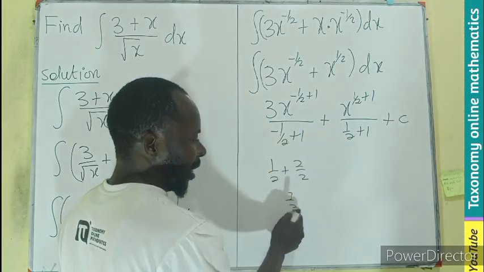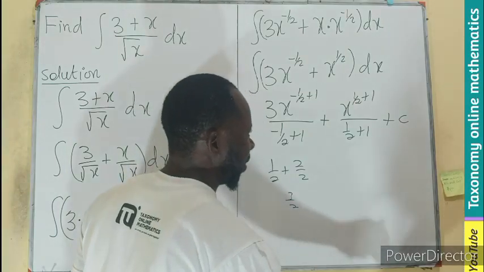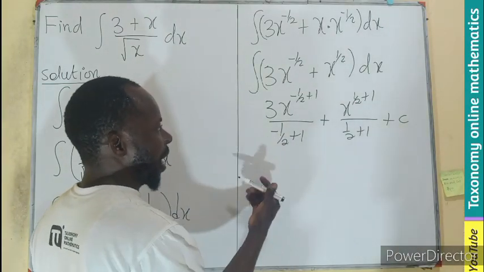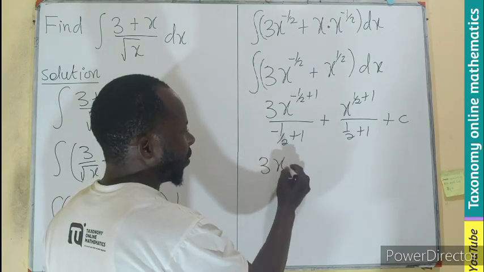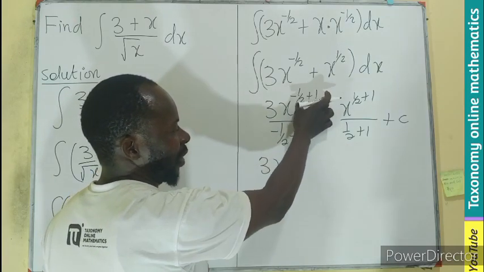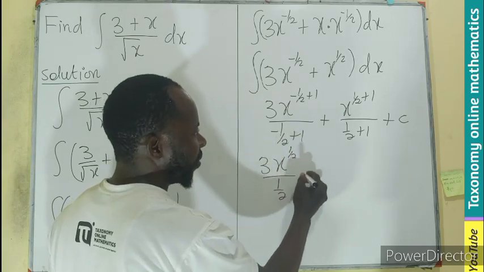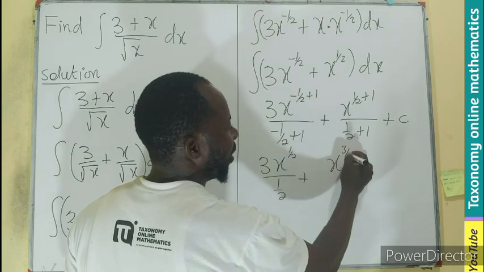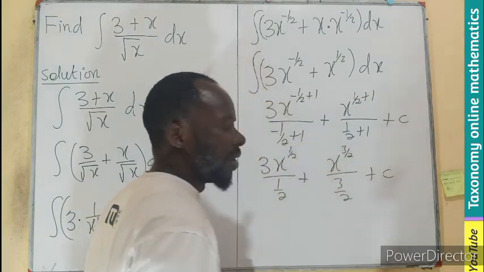In the denominator, the 2 goes up and the 3 comes down if you reciprocate it, since it's dividing. So I'll maintain 3x; whatever happened here happened at the top there. Half divided by half, then we have x exponent 3 over 2 plus c.